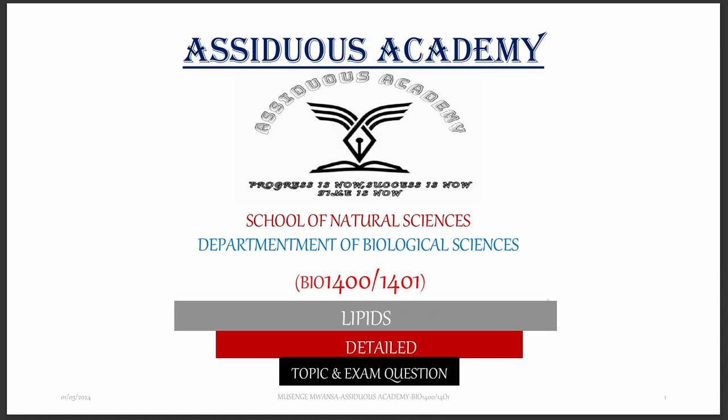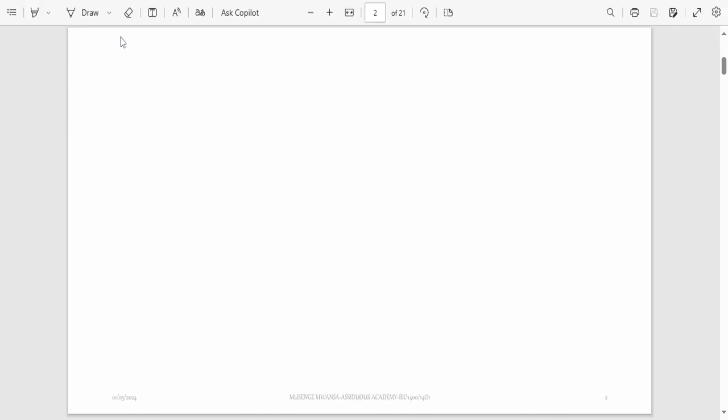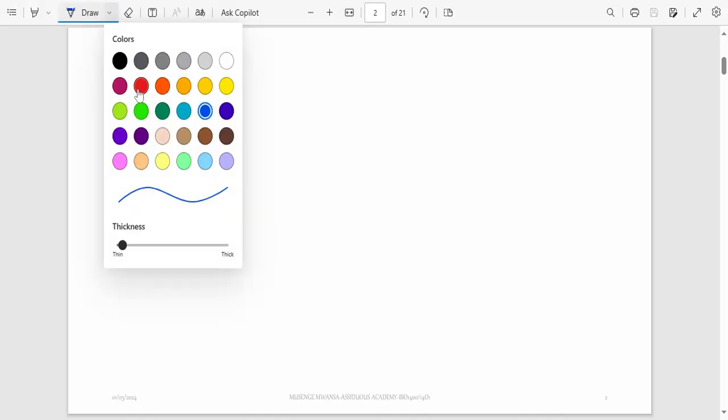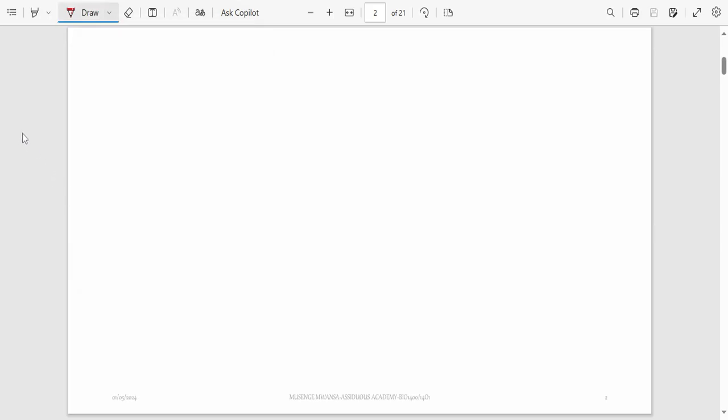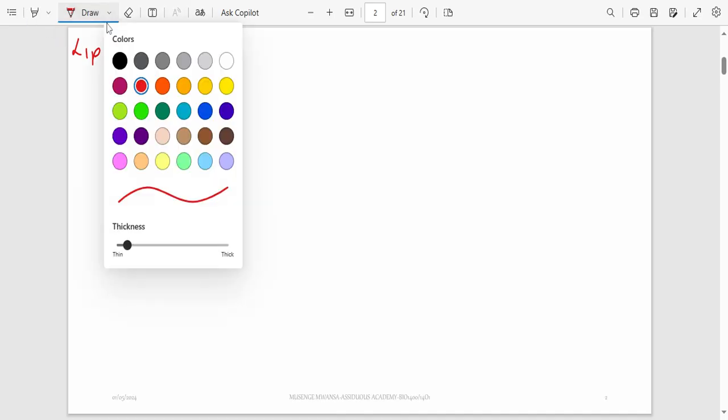So we are now looking at lipids, since we've done carbohydrates already, we've done enzymes, we've done proteins. Okay, so first things first, remember what is a lipid. When you talk about a lipid, it's basically a group of naturally occurring esters.